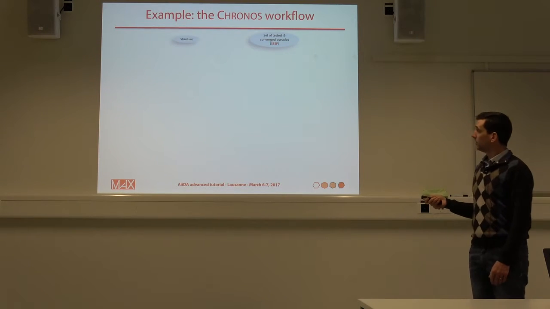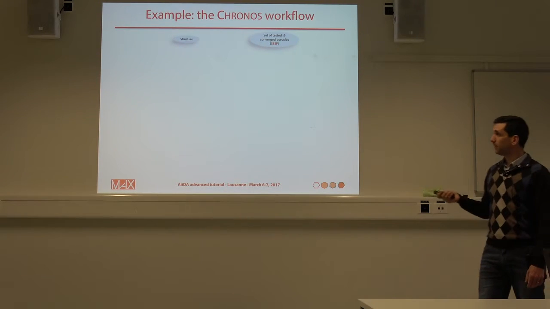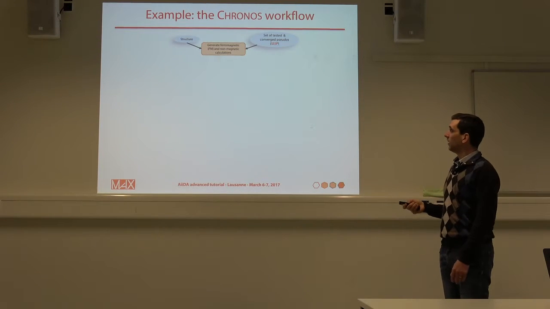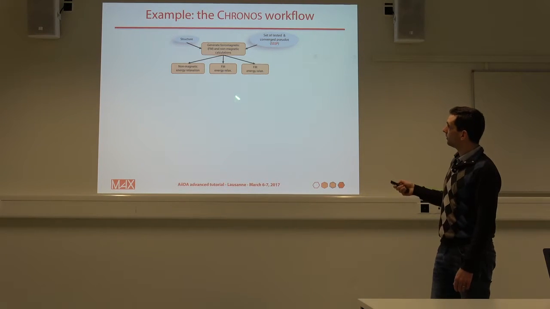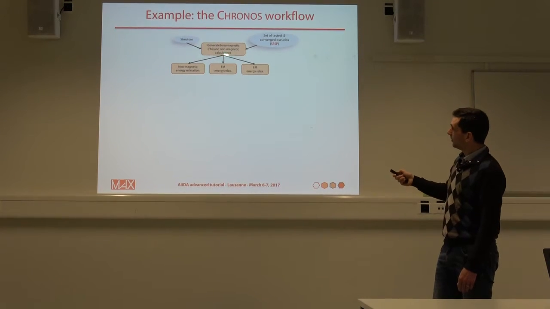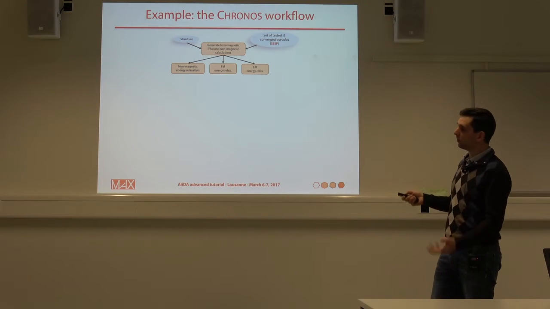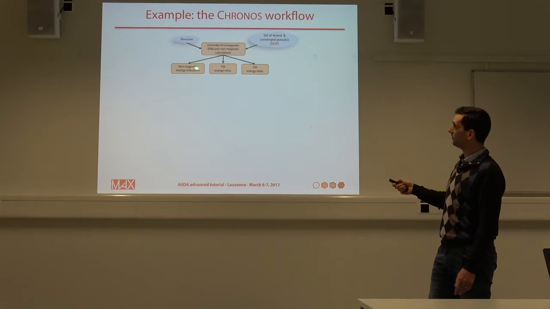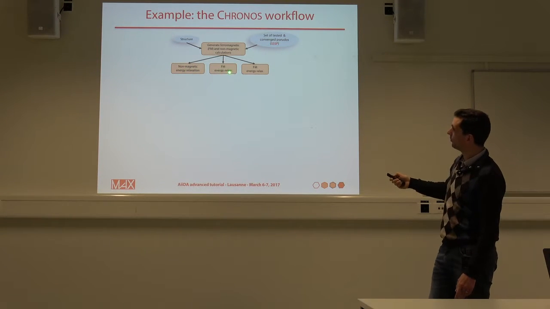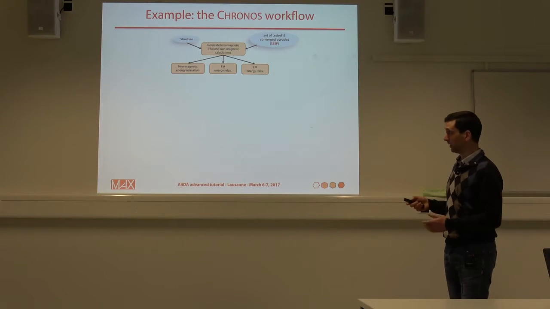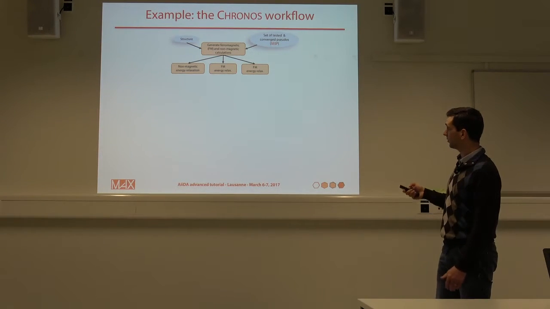So the CHRONOS workflow is something to get the magnetic ground state of a structure when you don't know anything, and it's a workflow that begins by generating some different calculations to check a few possible states. So it first checks a non-magnetic calculation, and then it also tries to put some magnetism inside, and you need to specify some starting magnetization that you do randomly, essentially.